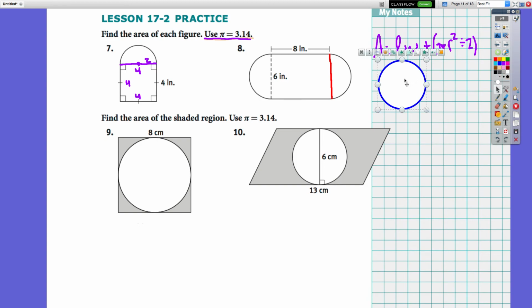So for number 8, we really don't have to divide our formula by anything. We're simply finding the area of the rectangle on the inside, length times width, and adding that to the total area of a circle that has a diameter of 6 or a radius of 3.